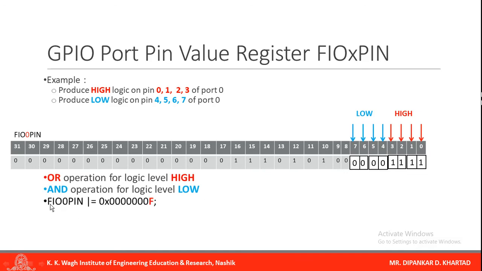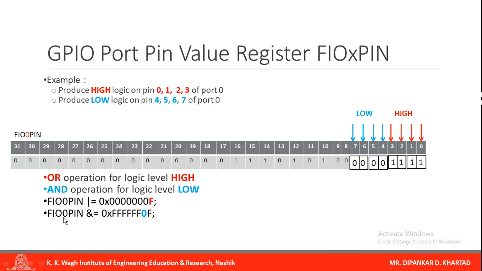So OR operation is used for logic level high and AND operation is used for logic level low. So the instruction will be like FIO0 pin OR with 0x0000000F, ORing with this one, and for logic level low you have to use AND operation.